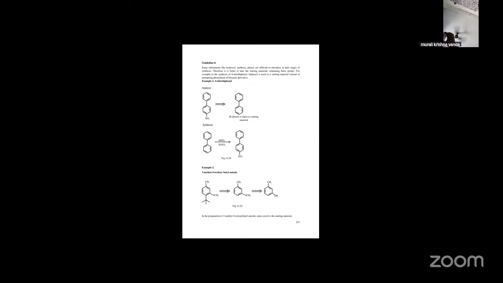For example, in the synthesis of 4-nitro-biphenyl, biphenyl is used as a starting material instead of attempting phenylation of a benzene derivative. Examples are 4-nitro-biphenyl and 3-methyl 4-tertiary butyl anisole.